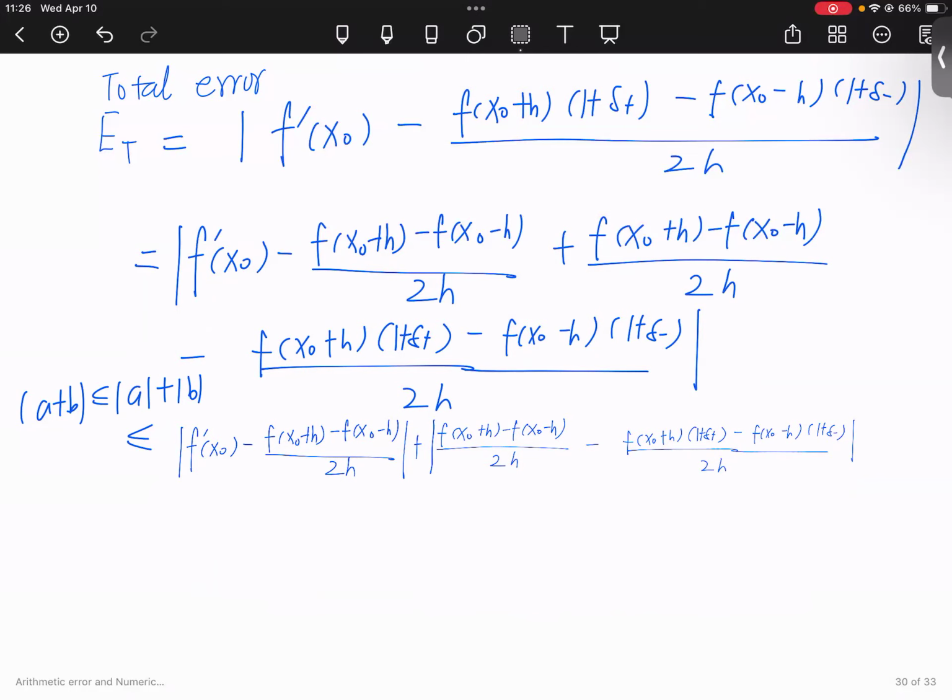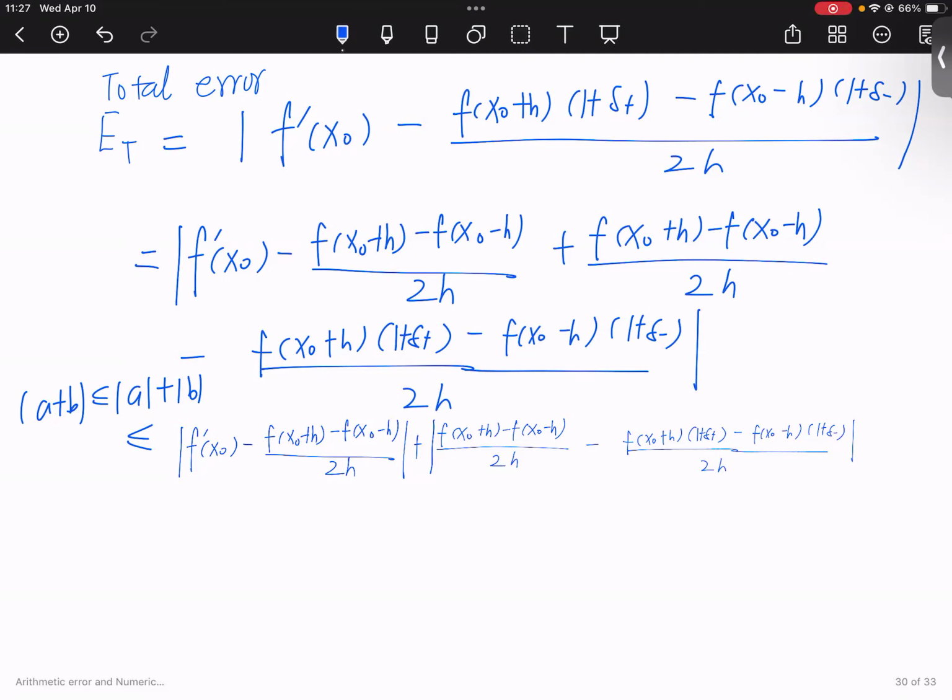This is the error from the approximation of the finite difference formula. And what's this part? We have the actual finite difference formula here, and then this one we have some rounding here. So this one is just a rounding error. That is what we mentioned a few minutes ago. We wrote out the words there, and this is how we get to these two parts of the error from the mathematics way.